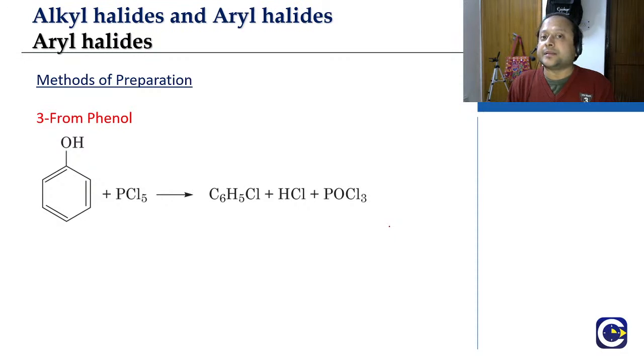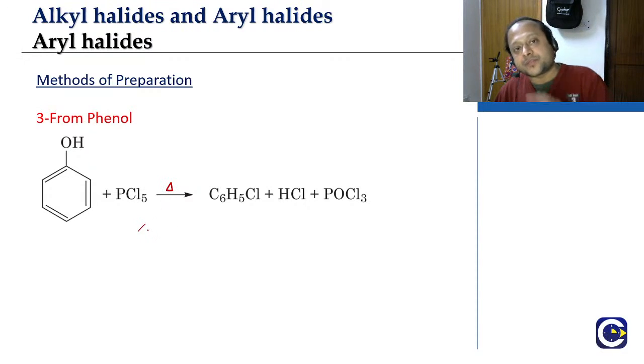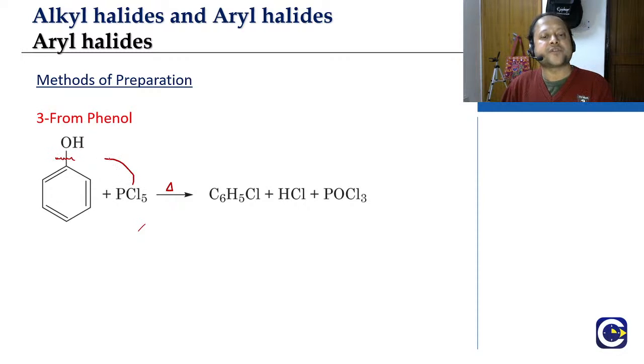Okay, now another method. Generally phenol does not react with PCl3 or HX directly to give you the nucleophilic substitution reaction. However, if you react with PCl5, with warming, with a little bit of heating, around 70-80 degrees Celsius, it is then capable of breaking this bond, and then one chlorine shifts over there and you get chlorobenzene like that.